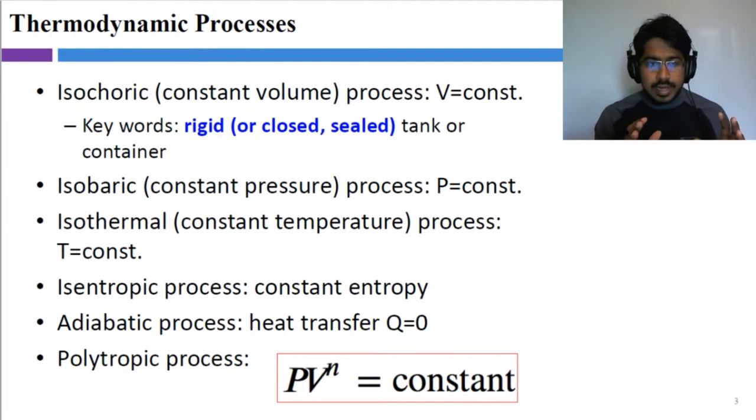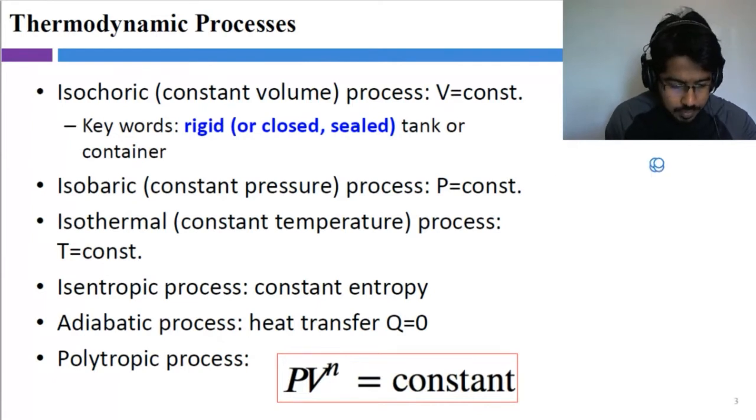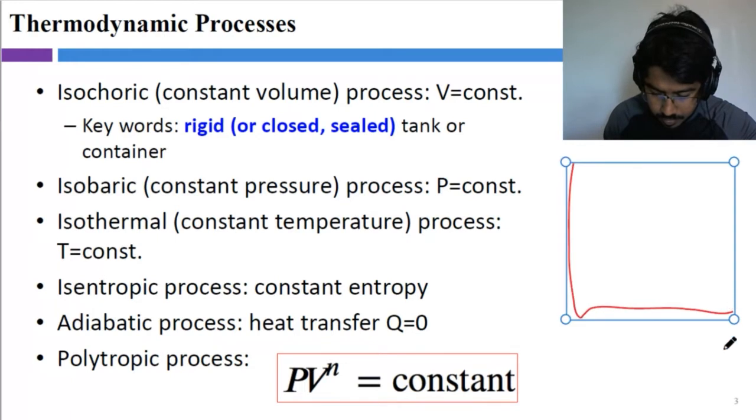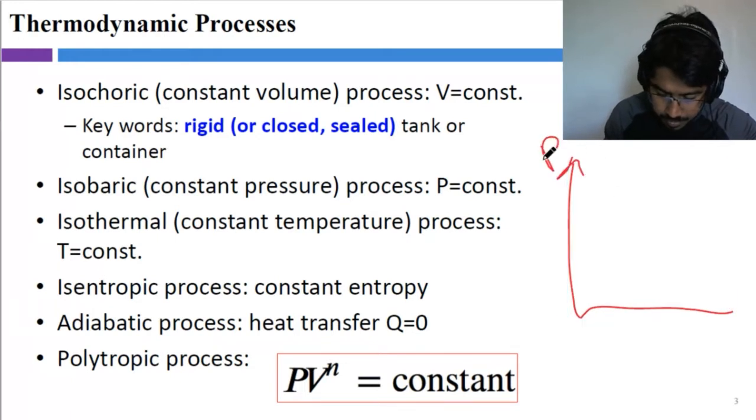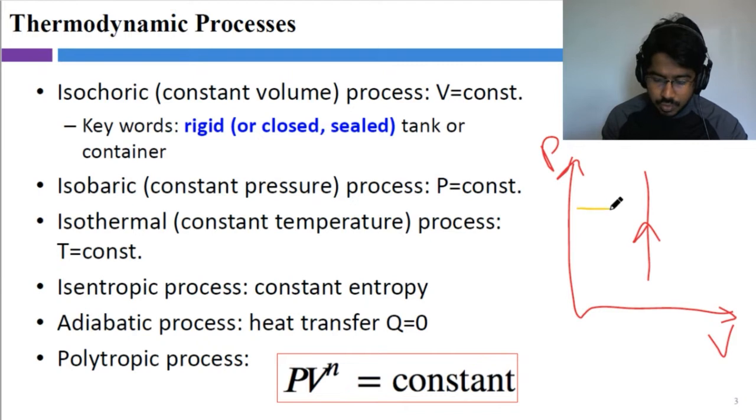So as you see that kind of term, you know that your PV diagram is going to be on an isochoric line, right? In a PV diagram, an isochoric line would look like this, a vertical line. Then we have isobaric lines where the pressure is constant, so in the PV diagram an isobaric line would look like this.